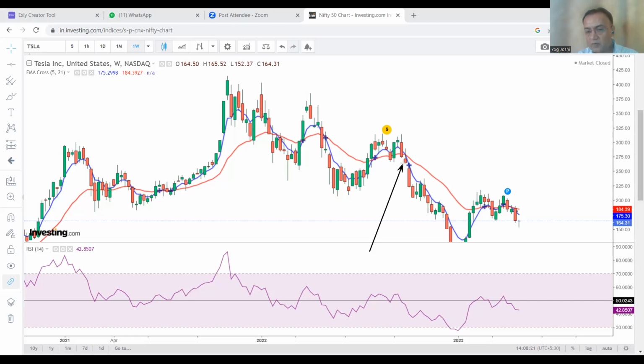So whenever you find a negative crossover, and RSI also supports it by falling below the 50 line, it clearly indicates a downfall.